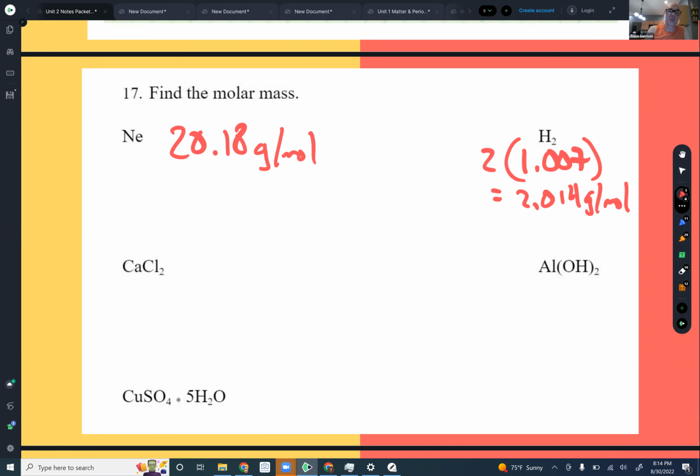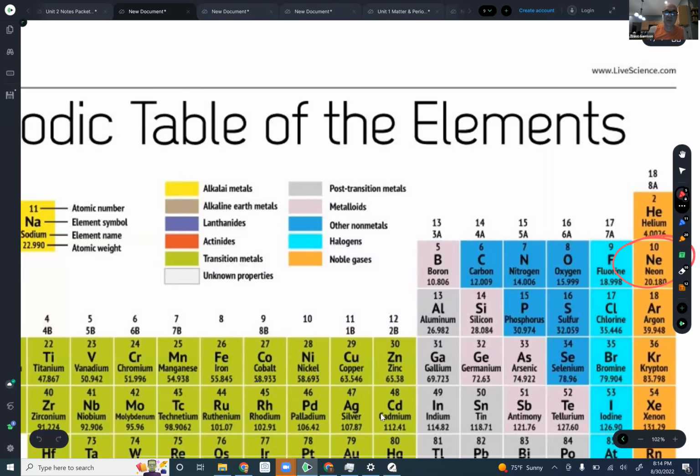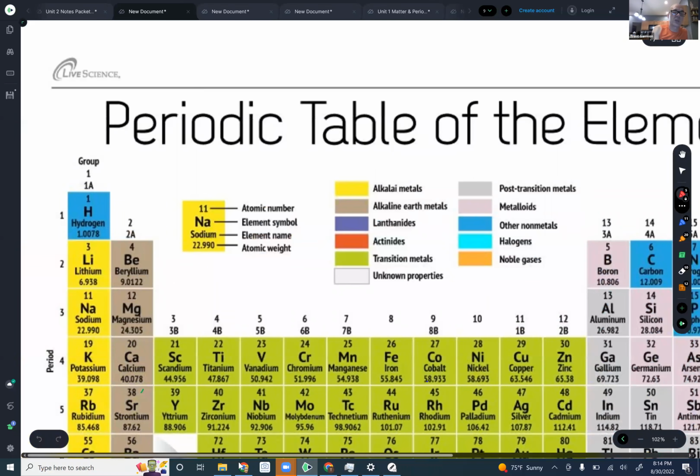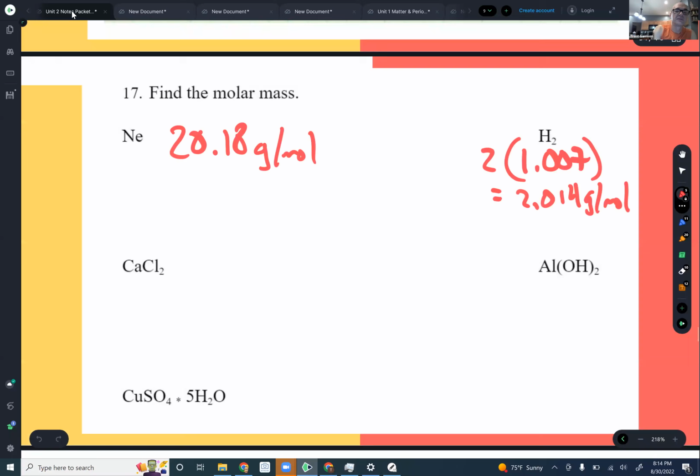All right, so here we go. Calcium. Let's go and look up the weight of calcium. It's over on the left side of the periodic table. Calcium weighs 40.078. So let's do that. There's only 1 calcium.